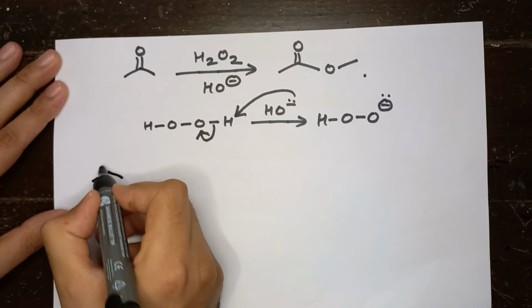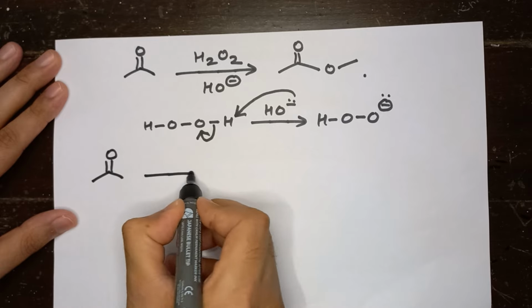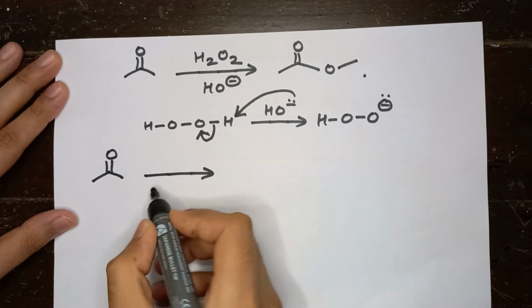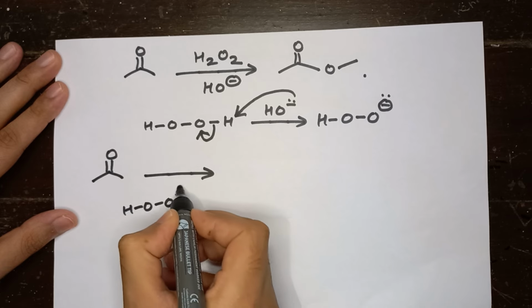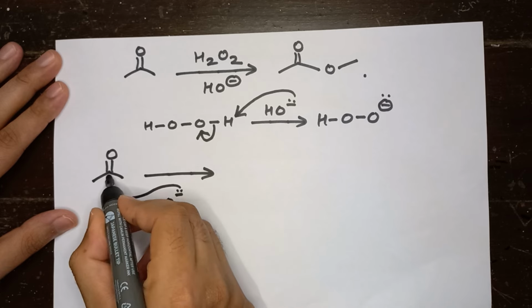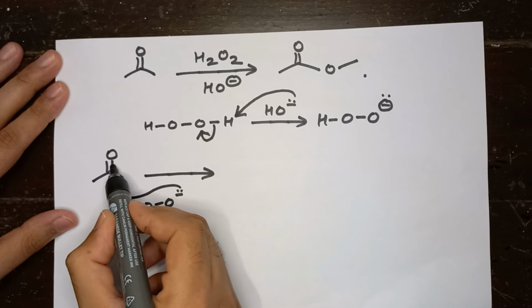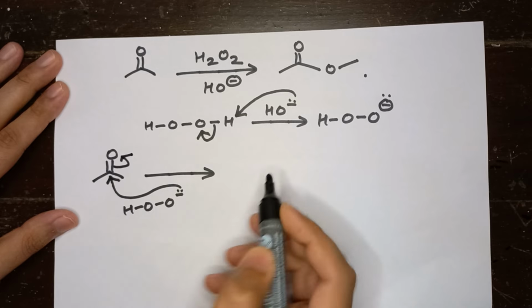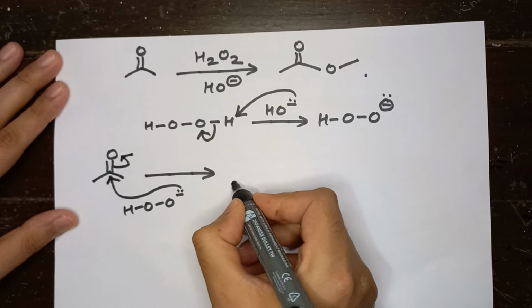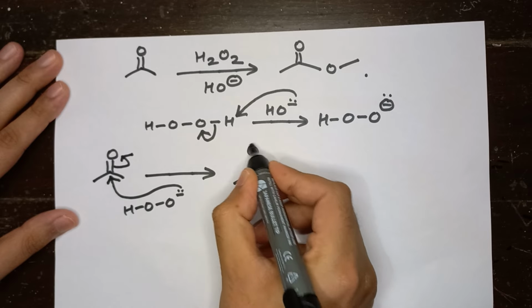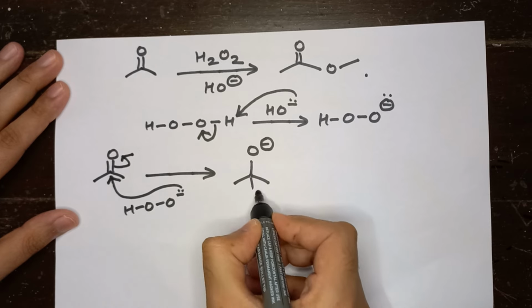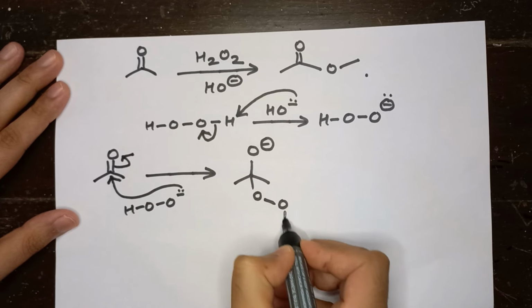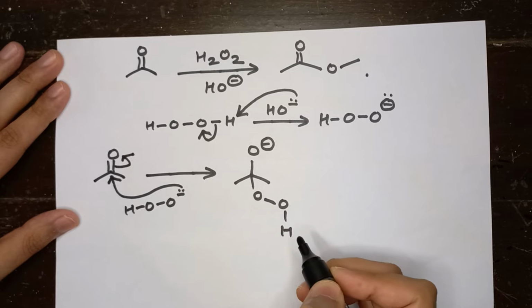We have acetone and we have recently generated this one. This will attack at this carbonyl center, breaking this C double bond O bond, and this will give me oxygen with negative charge. Here I have bonded with oxygen, so this is O, O and H.